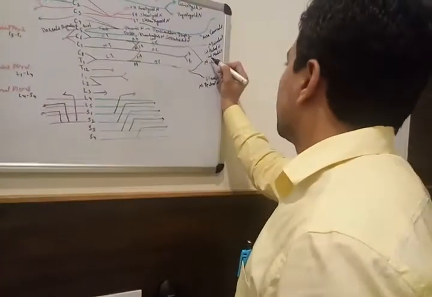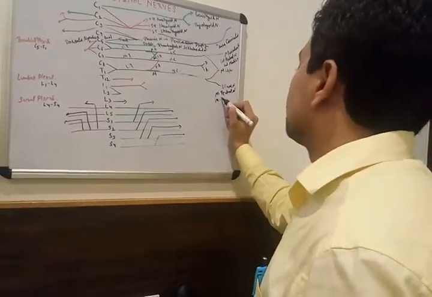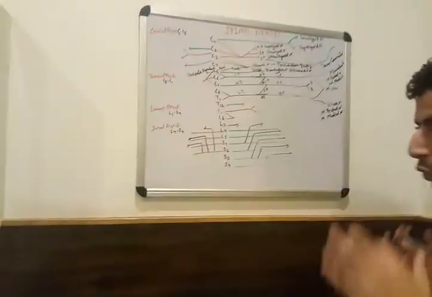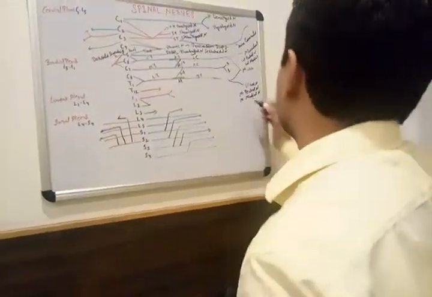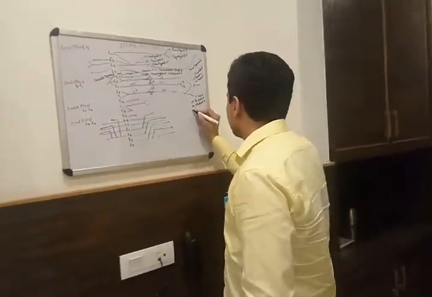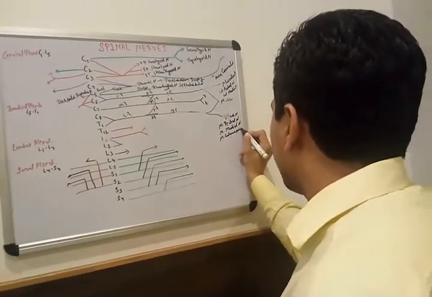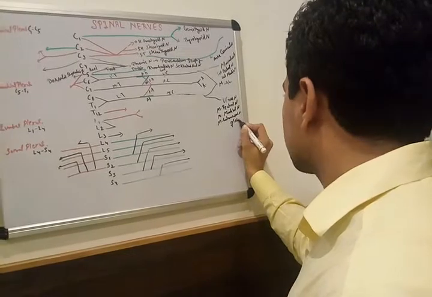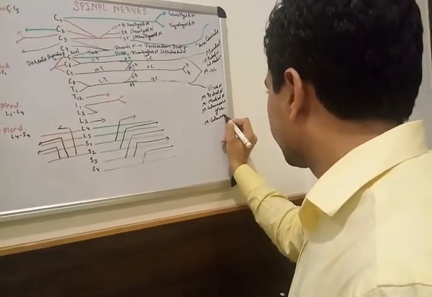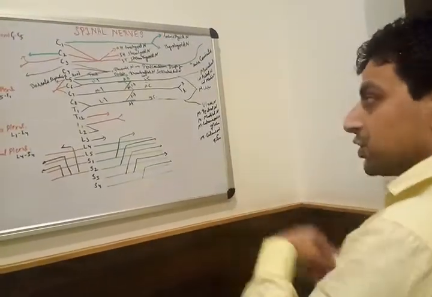Then the medial root of the median nerve. Two more remain: the medial cutaneous nerve of the arm, number 1, and the medial cutaneous nerve of the forearm. So till here it's clear.